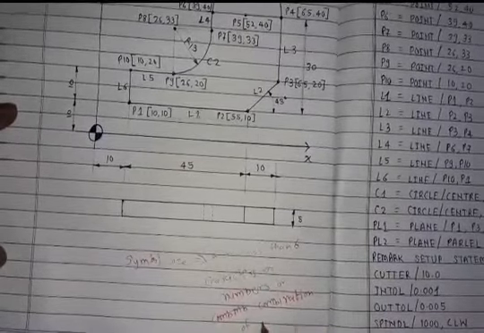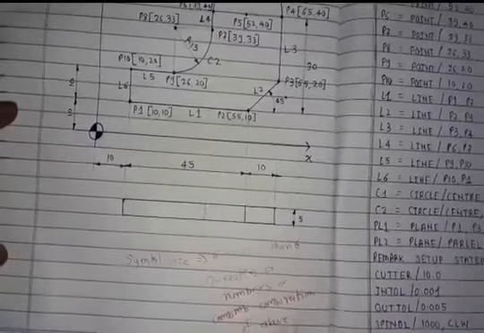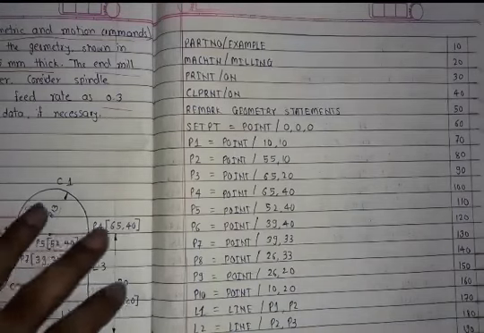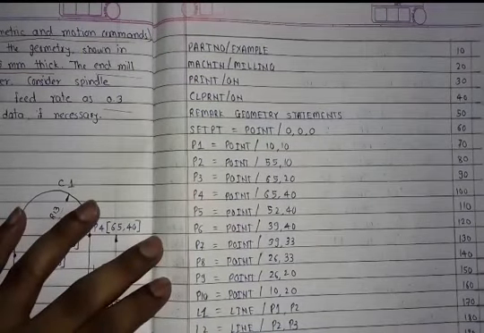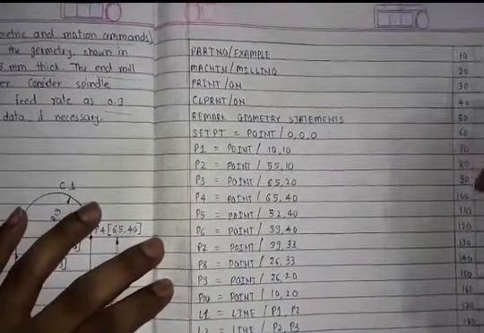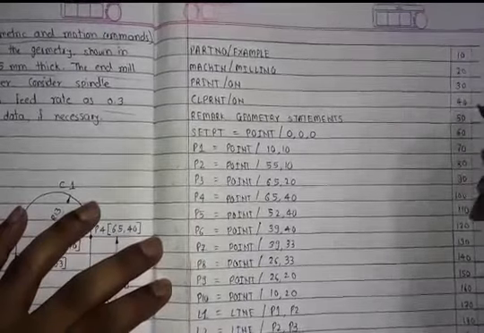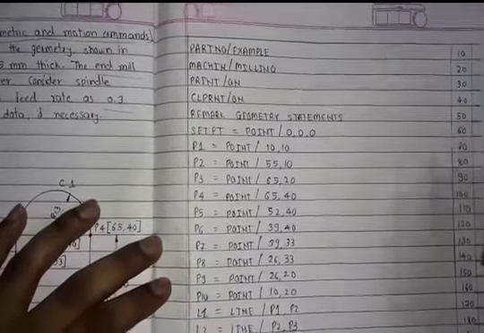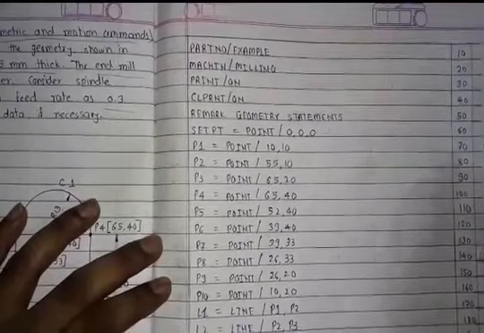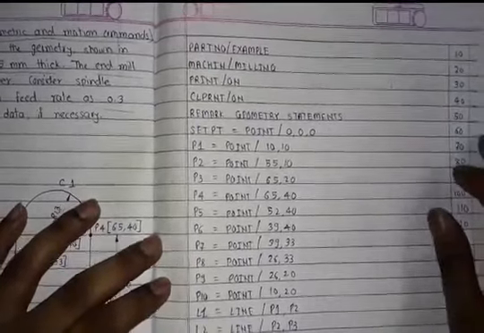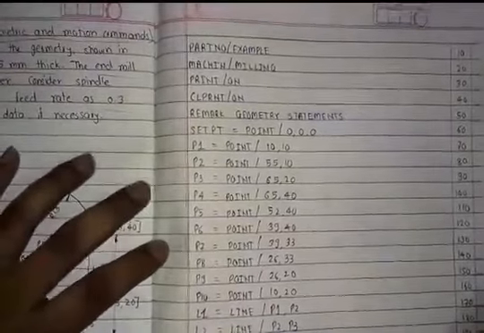Also, while writing the program, give the numbers as 10, 20, 30, 40, 50 and so on for succeeding steps. Now let's start the program.